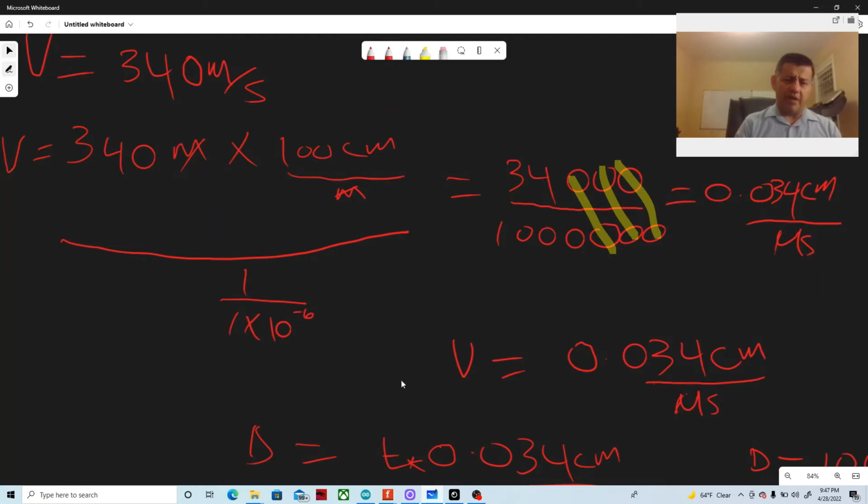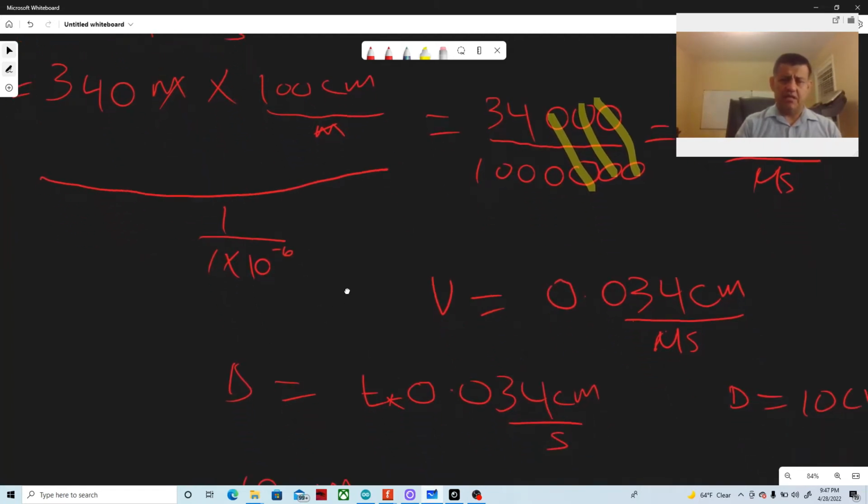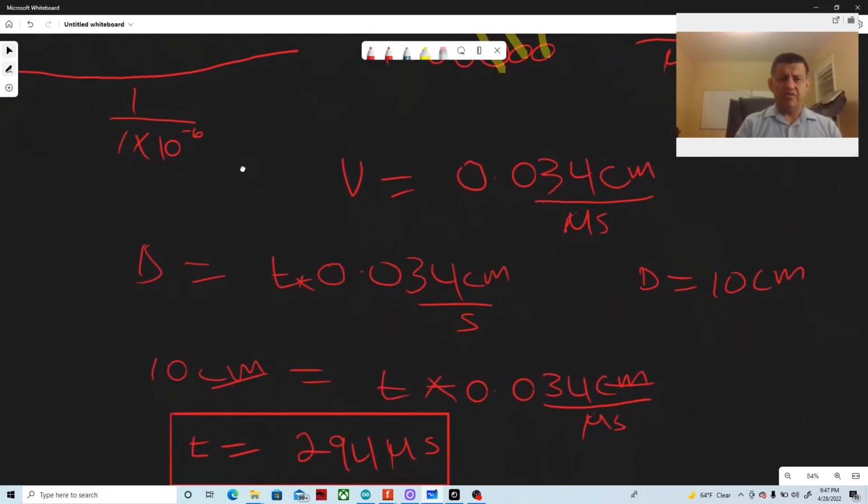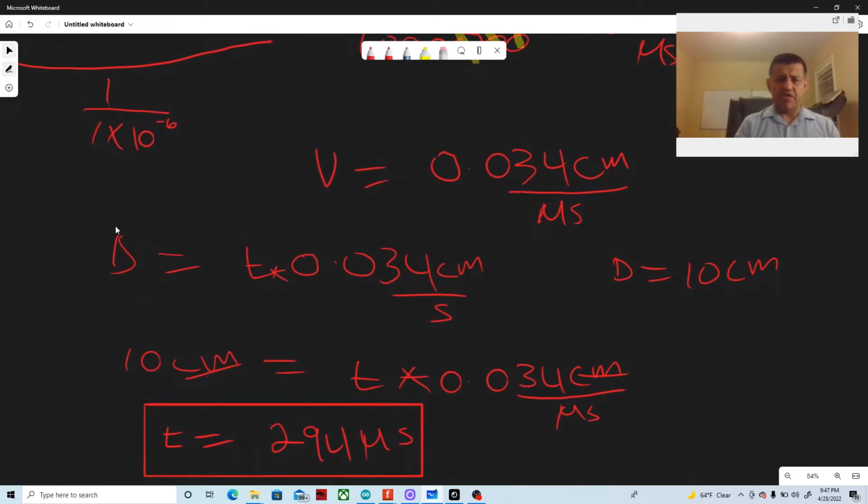Now we come over here and do the math. We continue and we got this number, so now we have the velocity. Now, how do we find the distance? Well, distance is equal to 10 centimeters.